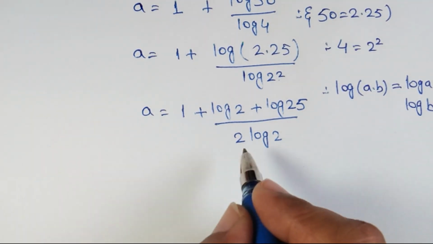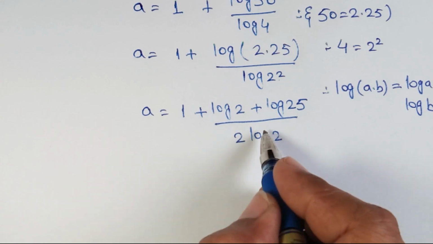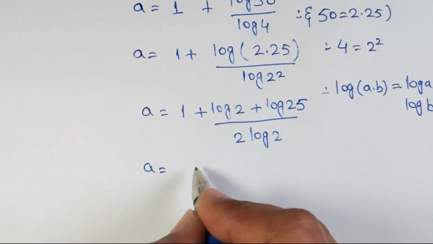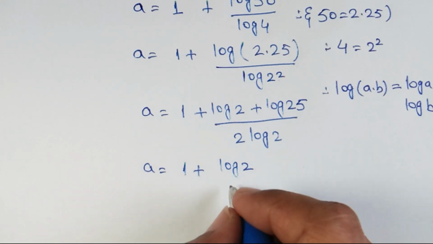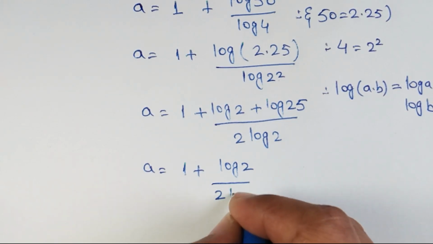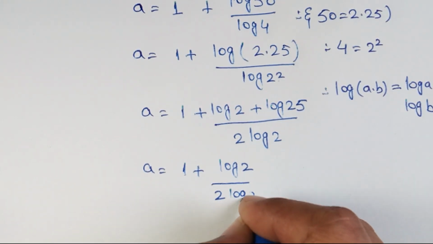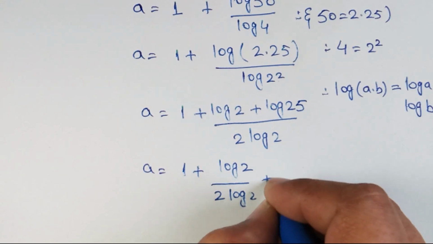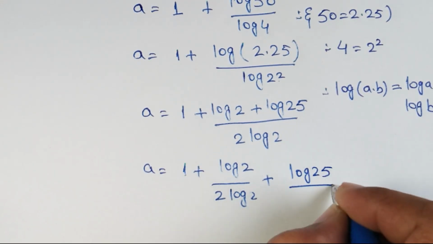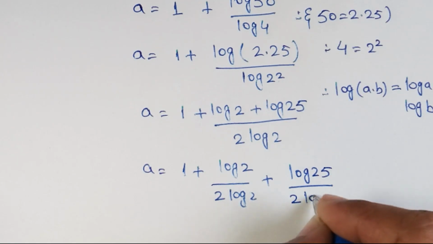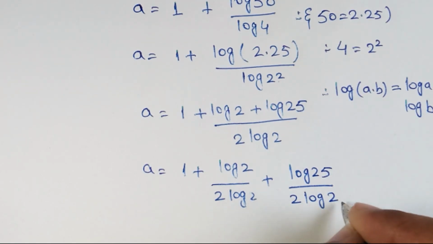So now we will separate their denominators, and we have a is equal to 1 plus log of 2 divided by 2 log of 2, plus log of 25 divided by 2 log of 2.